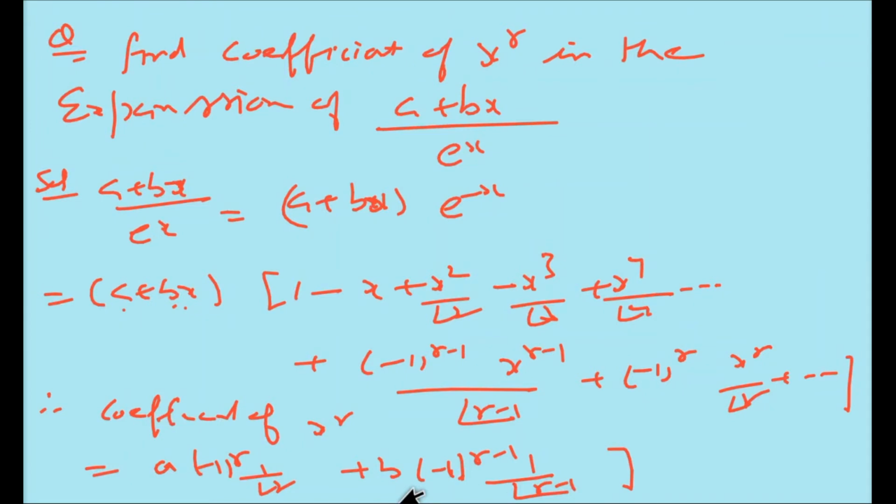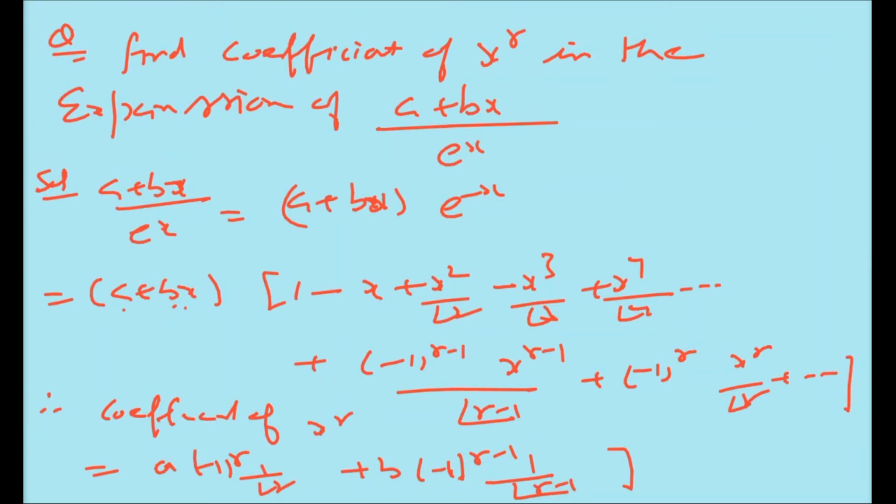Now if we write here minus, then we can add 1 minus power here. Okay, and if we multiply it by r and divide by r here, we get factorial r.